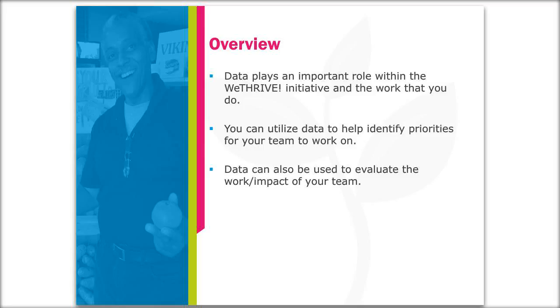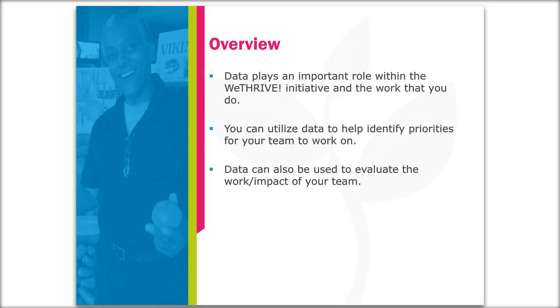So again, we hope this presentation has been helpful and an introduction into looking at data, the different types of data, data collection, how we might be able to collect the data, and then also how we identify what we're going to work on within our community. How do we identify those areas of concern and then identify those strategies that are going to help address them?